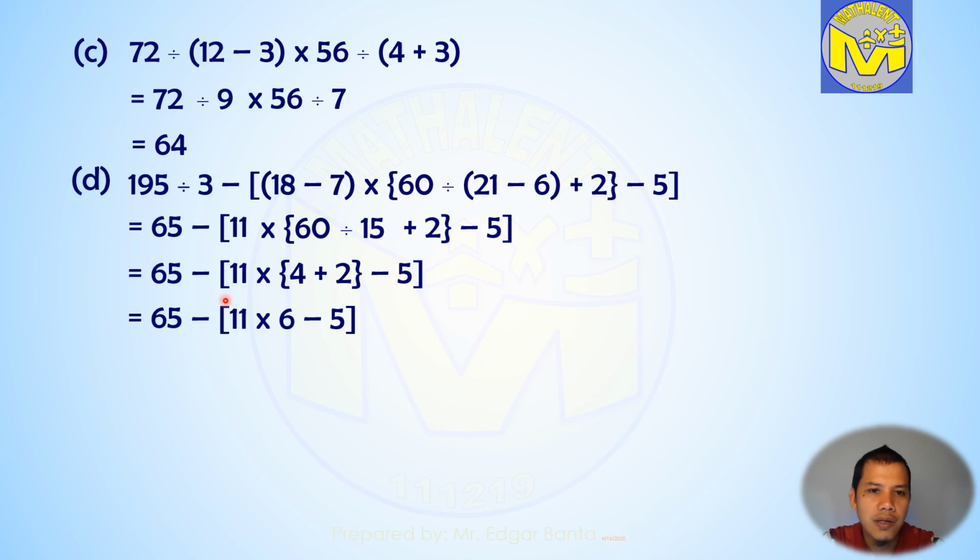Now we have the square bracket finally. So bring down 65 again, and then 11 times 6 is 66, and then minus 5. Now we have minus and another minus. We can do left to right. 65 minus 66 is minus 1.